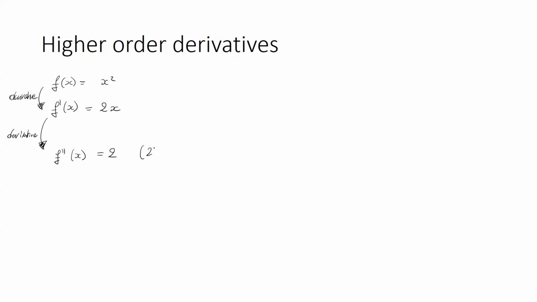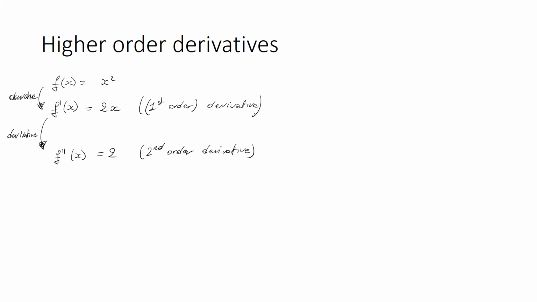So this is the second order derivative. And by the same token, sometimes we call this the first order derivative, or just the derivative.